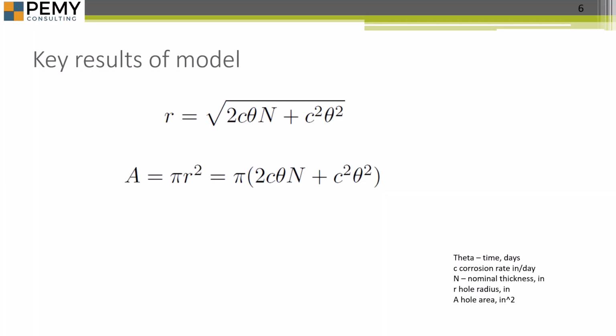The key result of this model is that the hole area grows approximately quadratically with time once breakthrough occurs. Time theta is measured in days, C is the corrosion rate in inches per day, N is the nominal thickness, and R and A represent the hemisphere radius and area of the hole respectively, but any consistent set of units can be used.